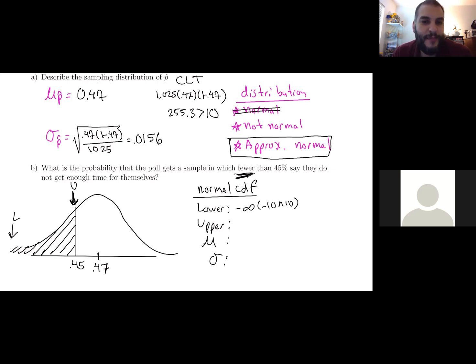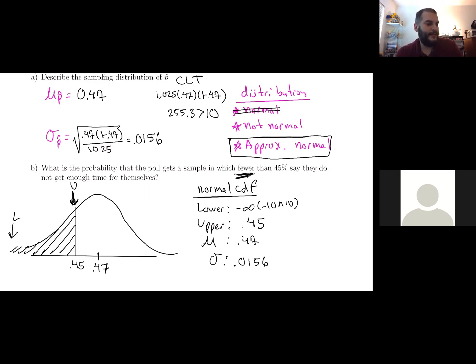Up next, the upper. The upper, if you look at it, is 0.45. Lastly, mu, which we found to be 0.47, and sigma is equal to 0.0156.